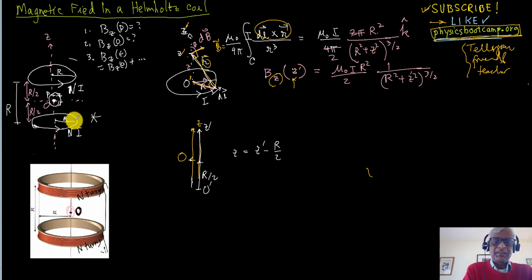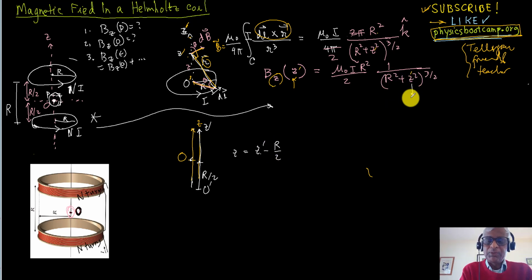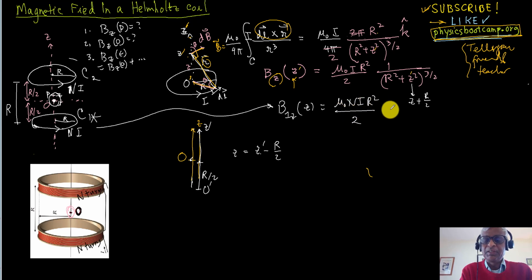So all I have to do is Z prime equals Z plus R over 2. That's all I have to replace. So let's call it C1 and C2, that's the circuits. So B1 from this circuit at Z will be just mu naught n i r square over 2, 1 over r square plus z plus r over 2 square, and this whole thing to the 3/2.